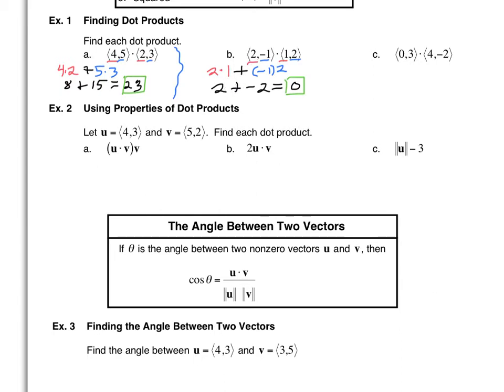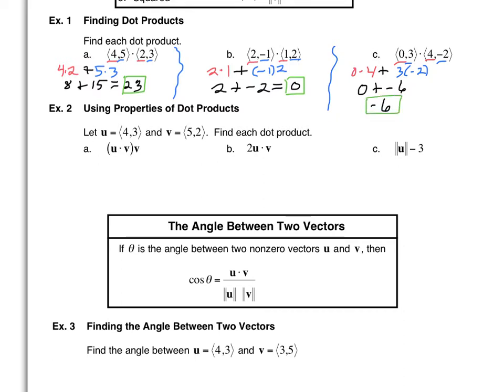I want you to find the dot product of C on your own without looking at my work. So you find the dot product on your own, and I'll quietly do mine up here. When you get an answer, I want you to share it with those around you.